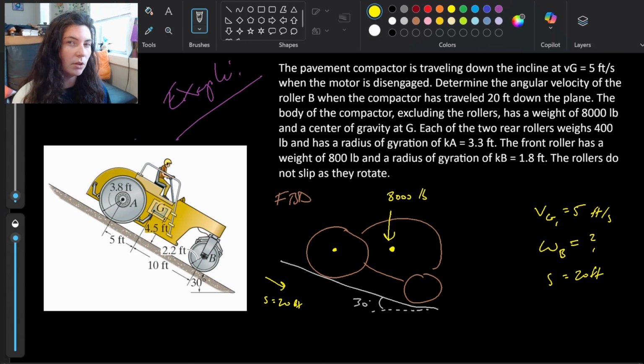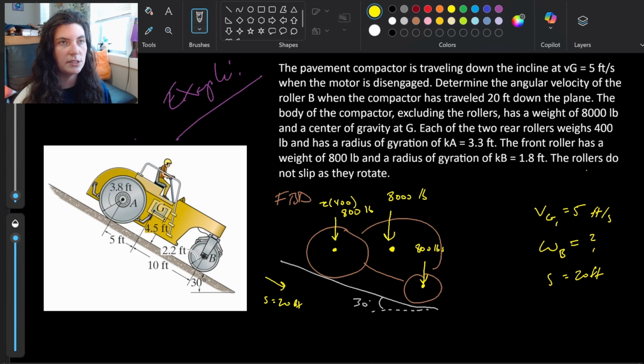So 2 rear rollers, 400 pounds each, means that we have a total of 800 pounds acting at A, right? 2 times 400 is going to be 800 pounds. And then the front roller also has a weight of 800 pounds. So at B, we also have a weight of 800 pounds.